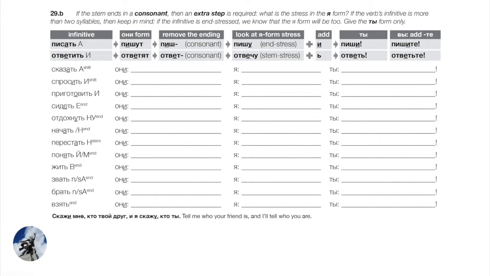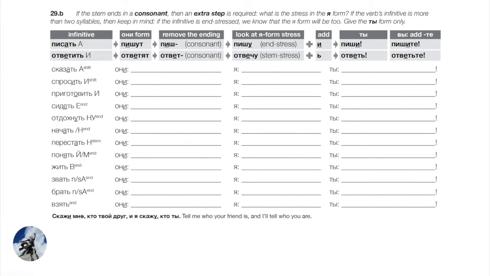If the infinitive is end-stressed, we know that the я form will also be end-stressed. If the infinitive is stem-stressed, then the я form will also be stem-stressed. So for a lot of verb types, this is easier than it sounds, because you don't really have to think about the я form. We'll talk more about that as we encounter examples.